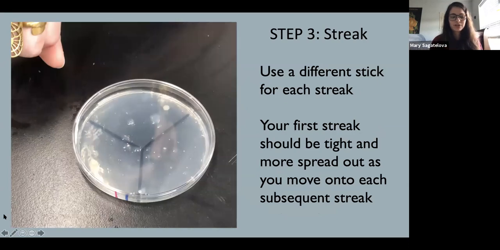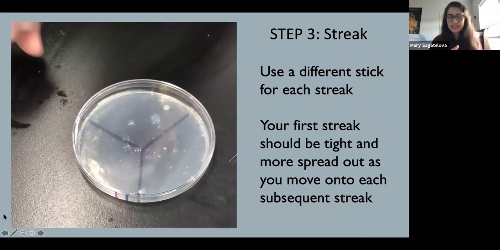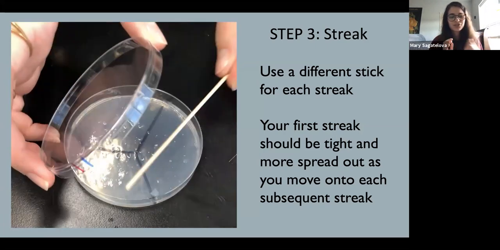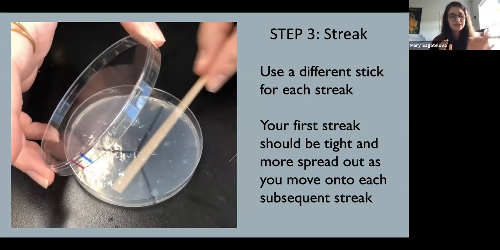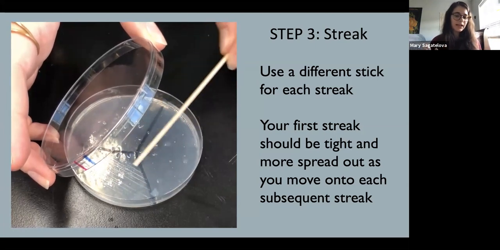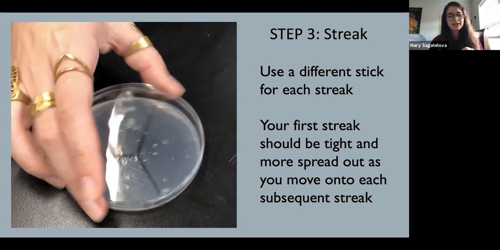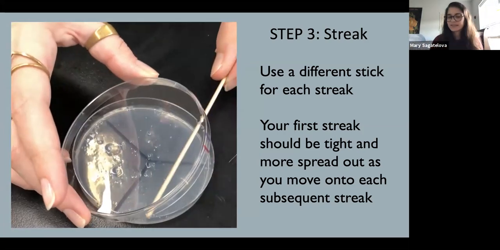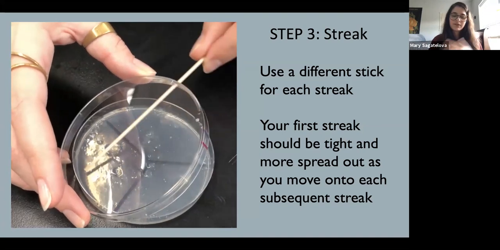So let's watch this just so we can get familiar with it in case we're forgetting things every week. Once you've picked your plaque, you're going to streak it into your first area, keeping those streaks very tight. Notice how gentle I'm being with the streaking. You can see the line on the agar, but you're not seeing any deep digs into it, okay? Be gentle. These are microorganisms. Second streak, a fresh stick.